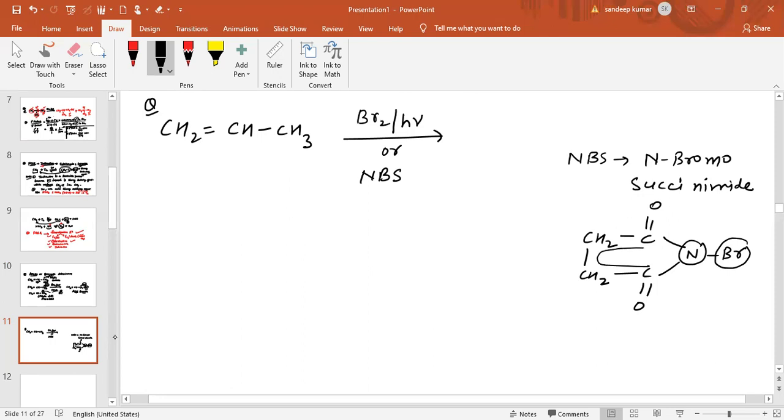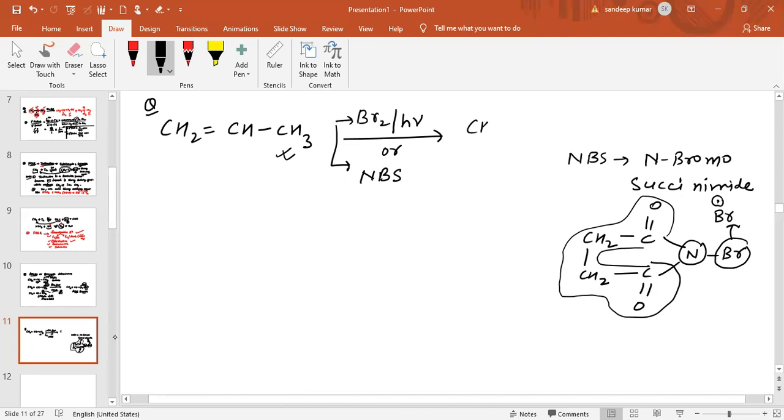Therefore, we call it N-bromo succinimide. You don't need to remember the structure. Only remember that from this compound, the bromine intermediate is obtained as a free radical. So both of the reagents have the same work and both of them will do the allylic substitution.